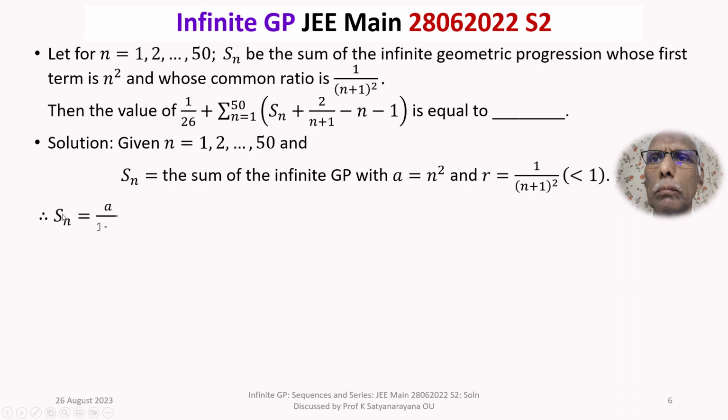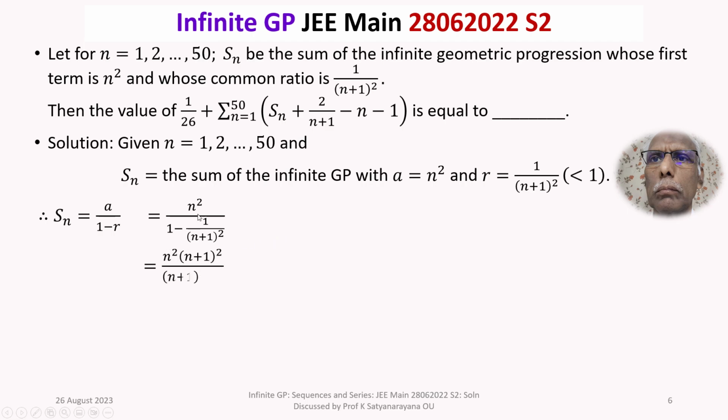Then Sn is equal to a by 1 minus r, that is n square by 1 minus 1 by (n plus 1) whole square, and take the LCM in the denominator and simplify.